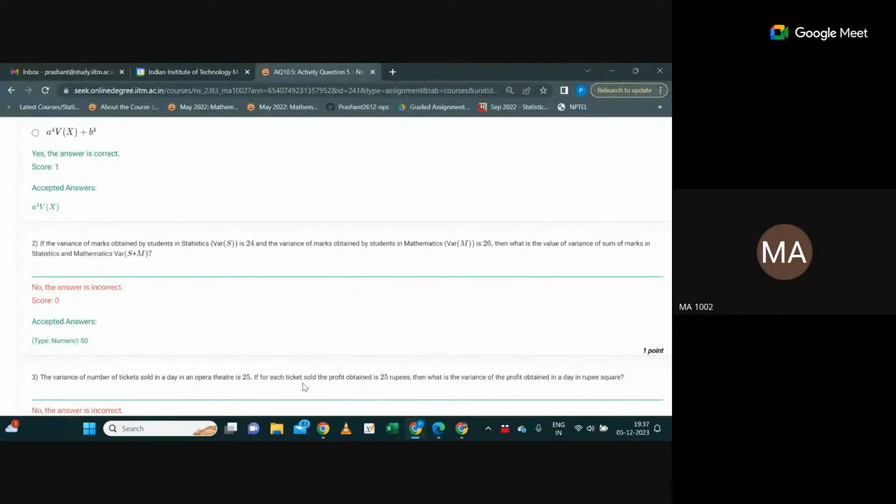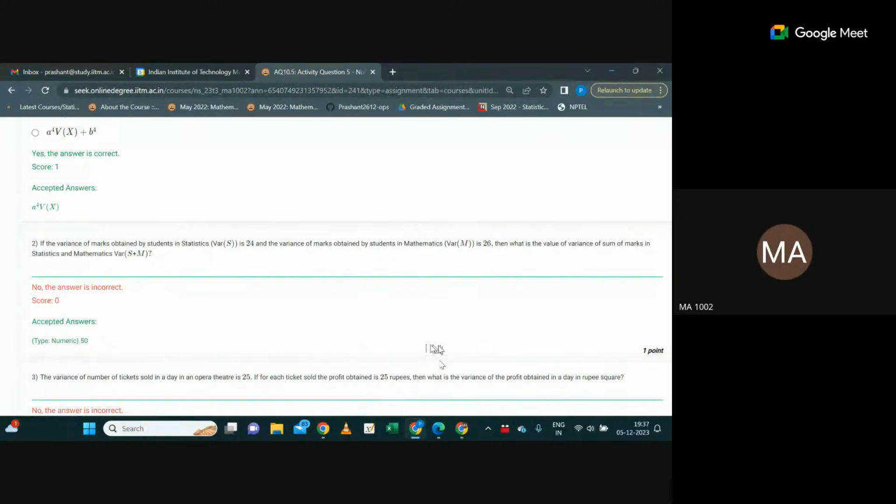Now what is the next information? If for each ticket sold the profit obtained is 25 rupees, then what is the variance of the profit obtained in a day? Tell me, what is the meaning of this? If he sells one ticket, he gets a profit of 25 rupees.